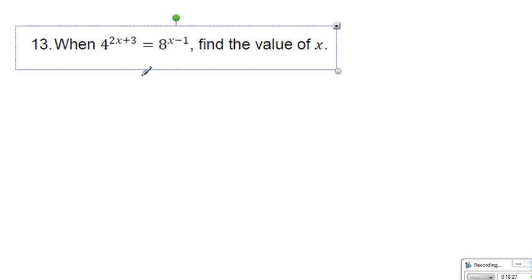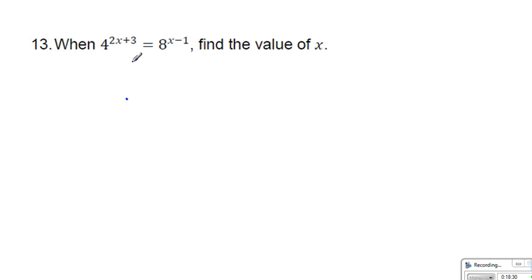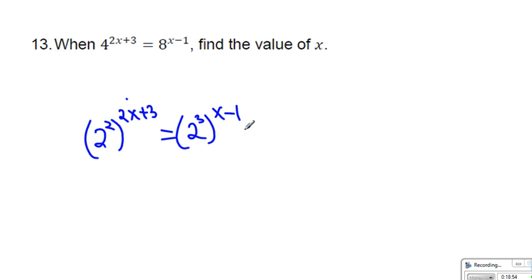All right, how about here? Here we have an exponential equation, 4 and 8. You will see that 2 is the common base, where 4 and 8 can be together. In other words, 2 squared to the 2x plus 3 can be rewritten like this. And here we have 2 to the third power to the x minus 1. When you multiply the exponents, here we get 4x plus 6, where the base is 2.